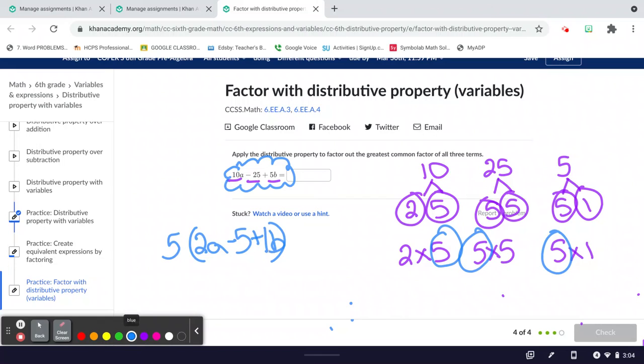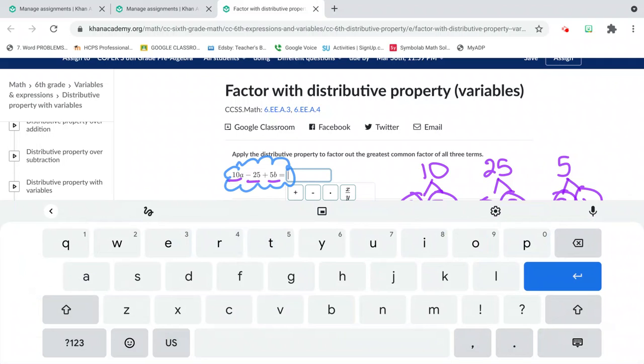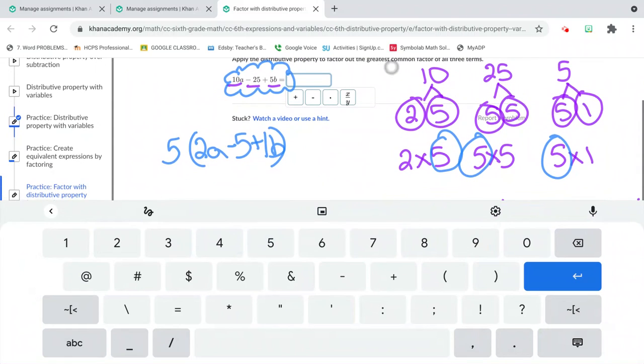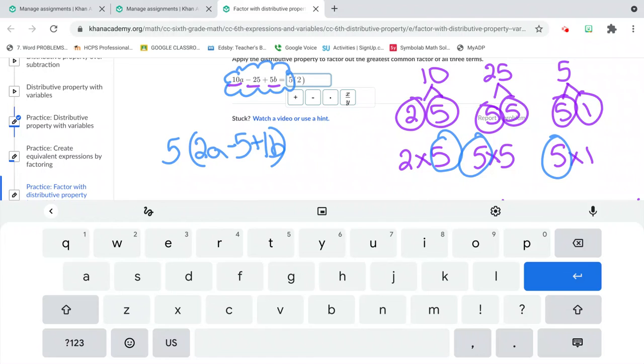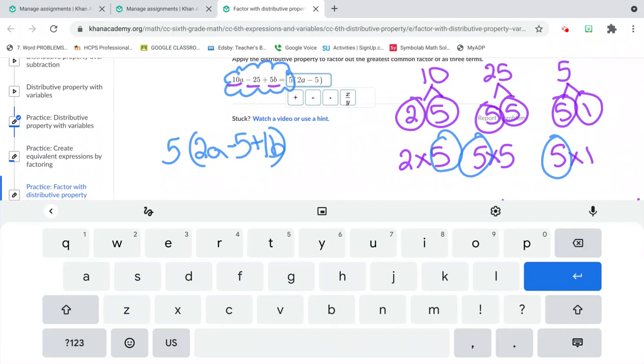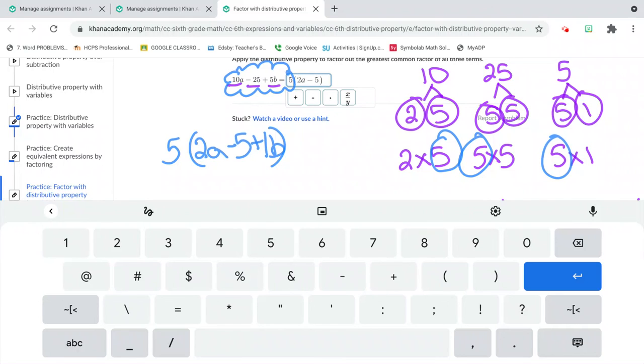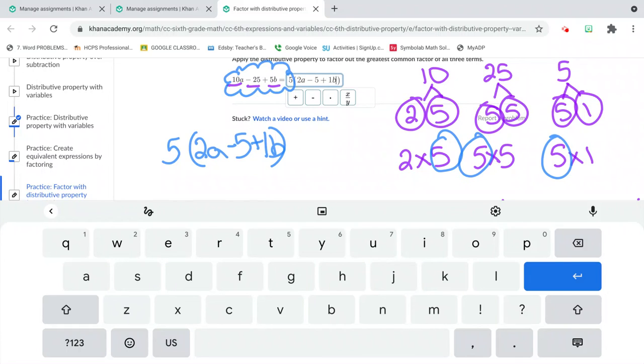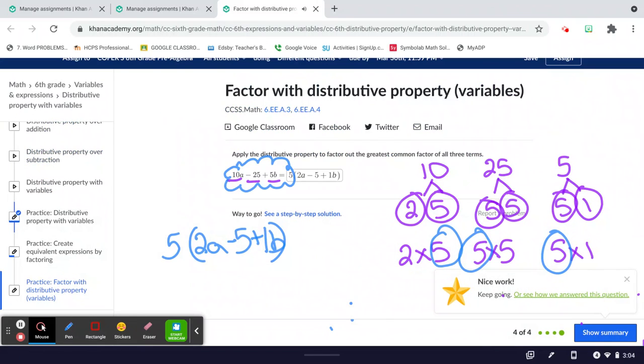So my answer is 5, open parentheses, 2A minus 5 plus 1B. Just like that.